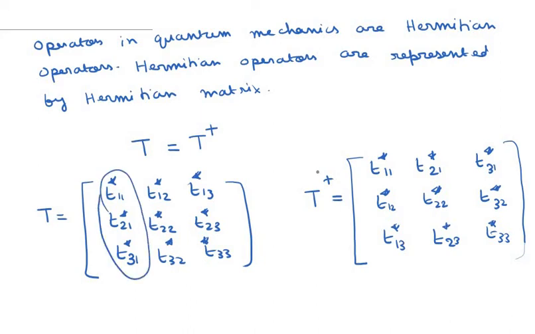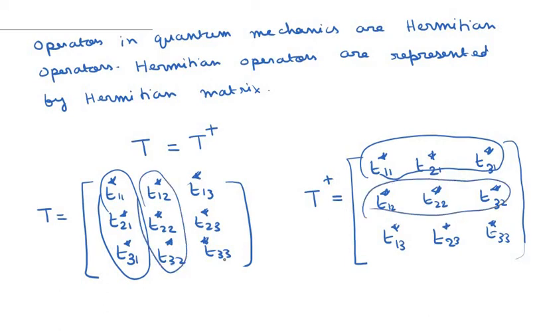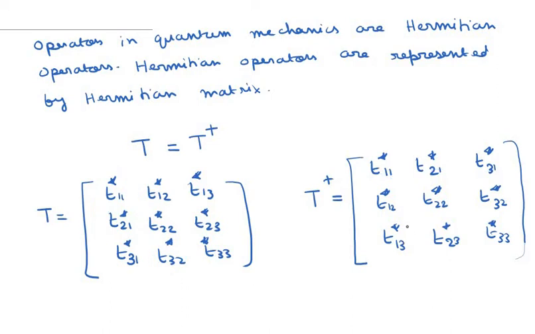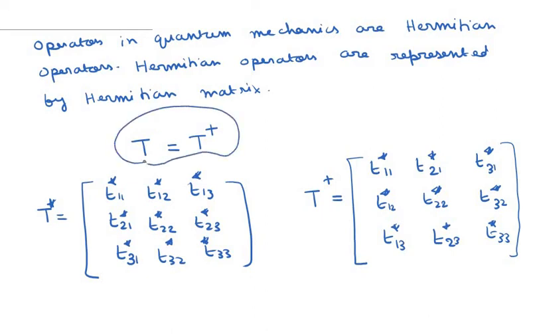This column becomes this row over here. Similarly, the second column becomes the second row, and the third column becomes the third row. That is how we write this complex conjugate transpose, and this is actually T star and not T. So a Hermitian matrix always has T equal to the complex conjugate transpose of the same matrix T.